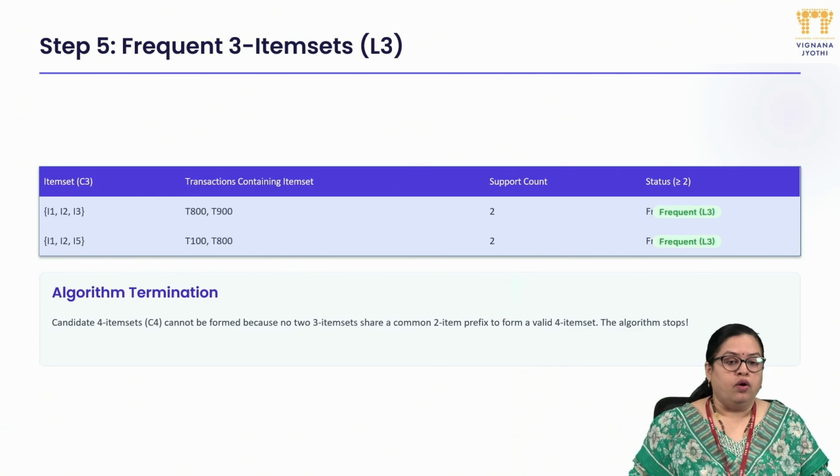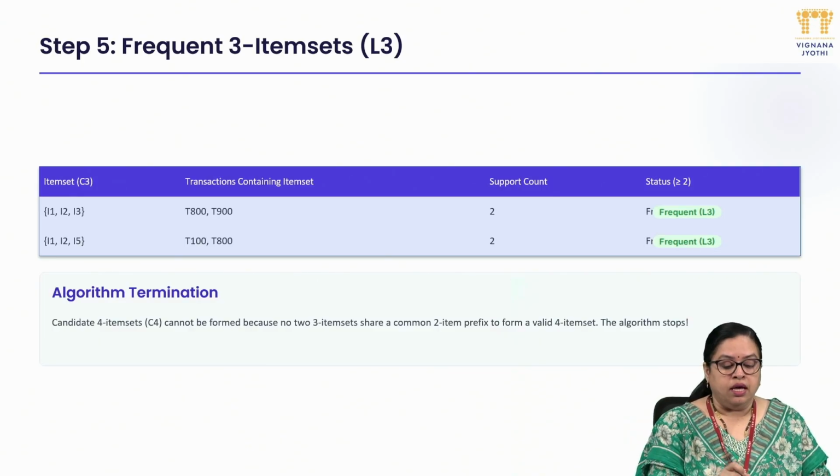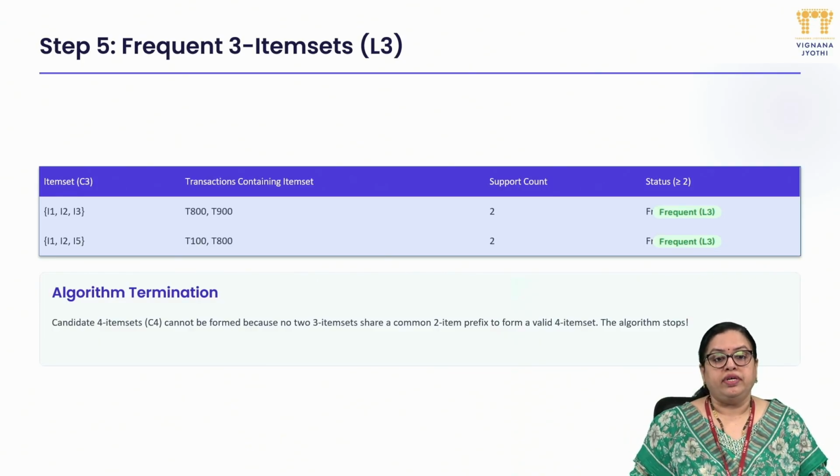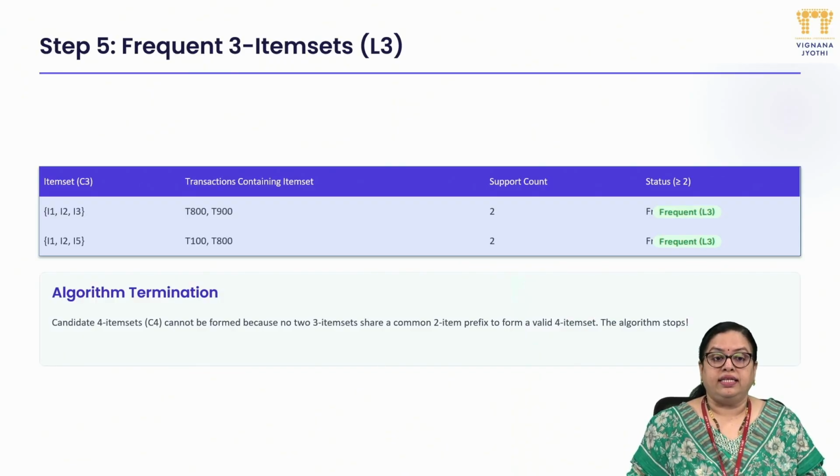Okay, so the algorithm now terminates at L4, which is a 4 item set. Why? Because if we take a combination from I1, I2, I3, I4, I5 for a 4 item set, these combinations are not available in the data set.